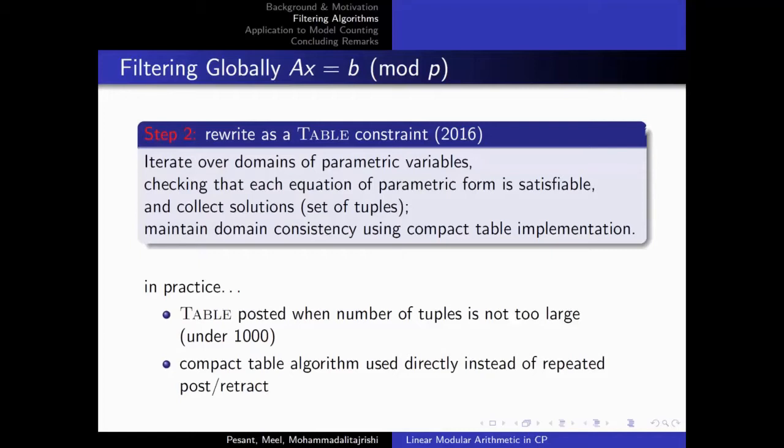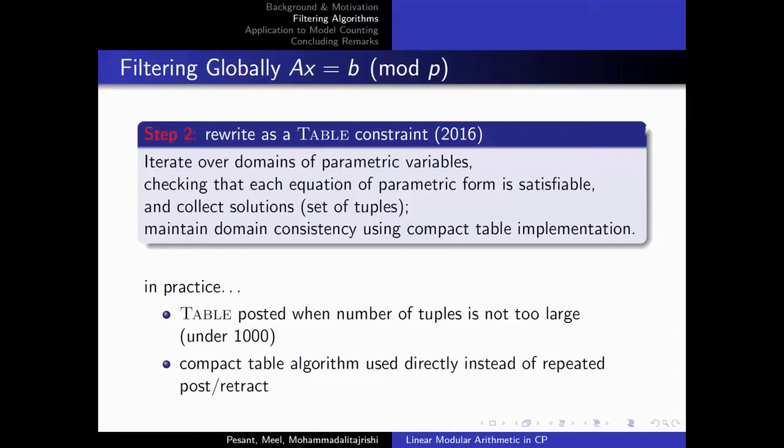So in practice, though, you don't want to post a table constraint unless the number of tuples is not too large. You can imagine that it can grow quite large. So we determined experimentally that under 1,000 tuples was a good compromise, to not have too heavy a set of data structures to maintain, and getting some interesting filtering.